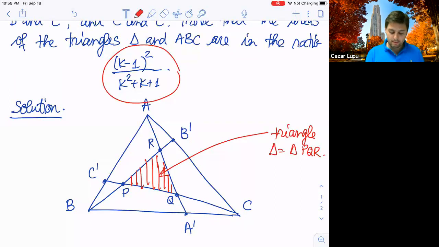Let's look around a bit, and let's write the condition again.